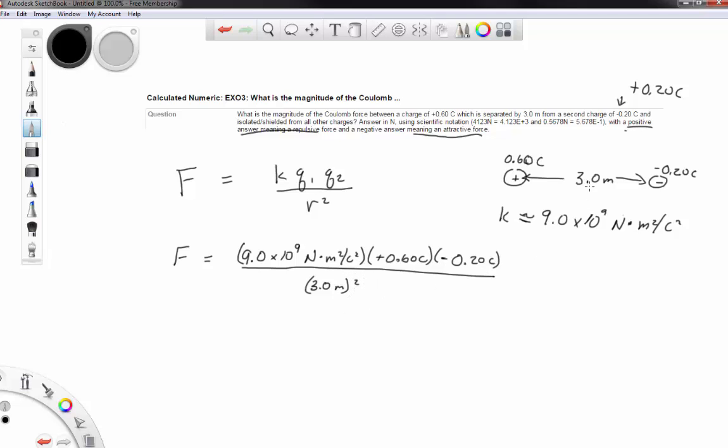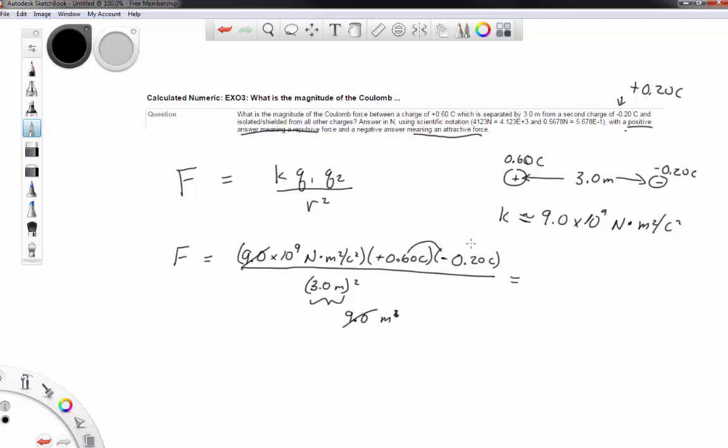So let's do the 3 squared thing. So this is actually 9.0 square meters. And so I notice that I have a 9 and I have a 9. So I'm going to go ahead and cancel those because it's that much less typing that I got to do. And I've got a 0.6 times a 0.2.